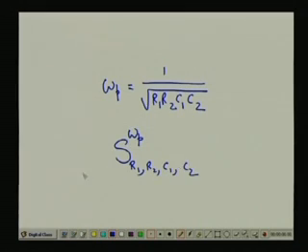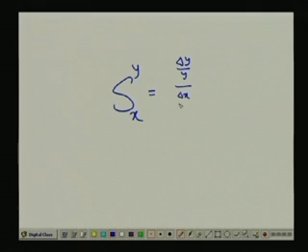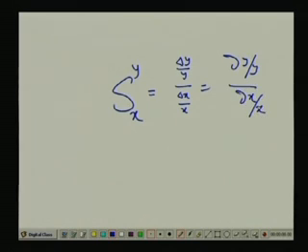I can write it in a generalized form: the sensitivity of y, a filter parameter, with respect to a passive element x is delta y by y over delta x by x, or I can write del y by del x, by x.